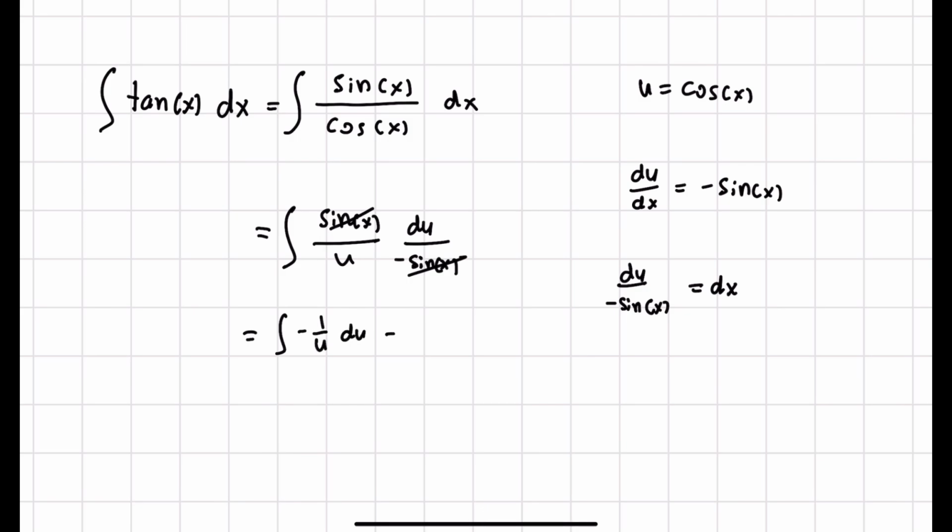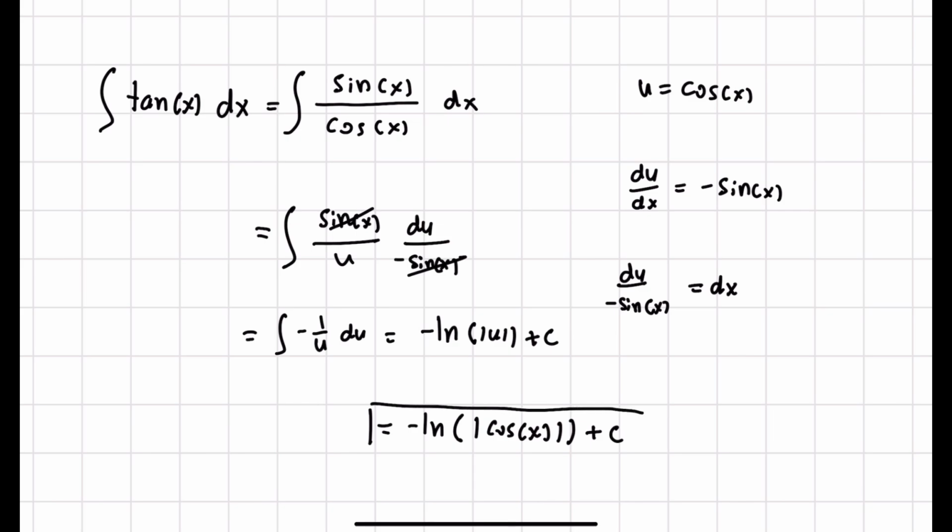And remember, the integral of 1 over u is equal to ln absolute value u, and don't forget the negative sign, and plus c. So now let's just substitute everything. So we have minus ln absolute value, and then u is equal to cosine x, and then plus c. And this is our final answer.